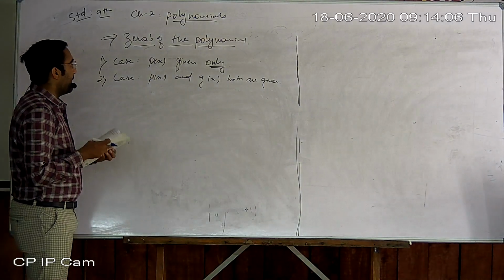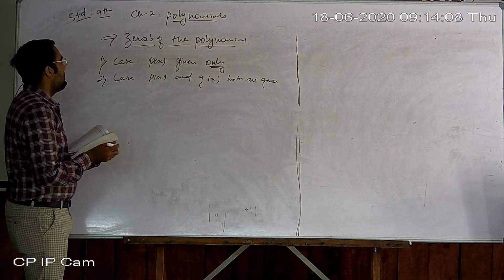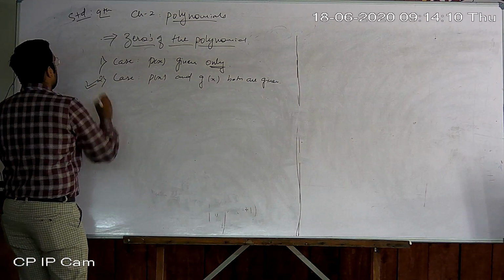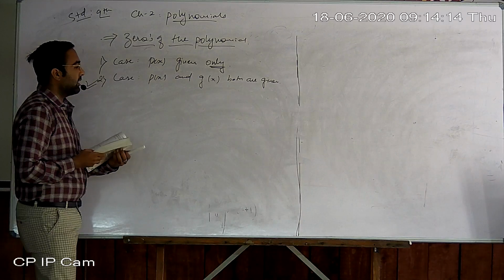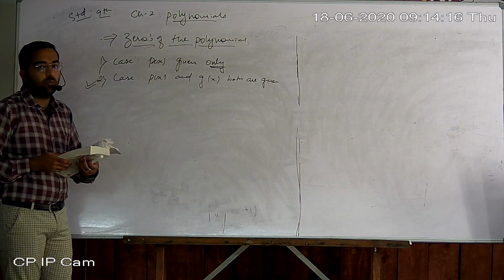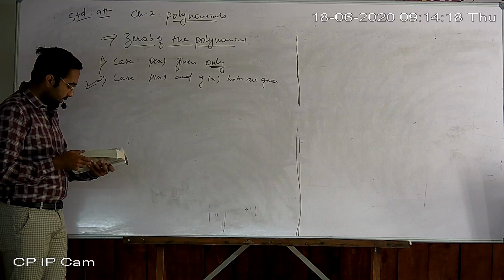Okay, now first we see second case. We are doing second case. In that case, p of x and g of x, both of them are given.